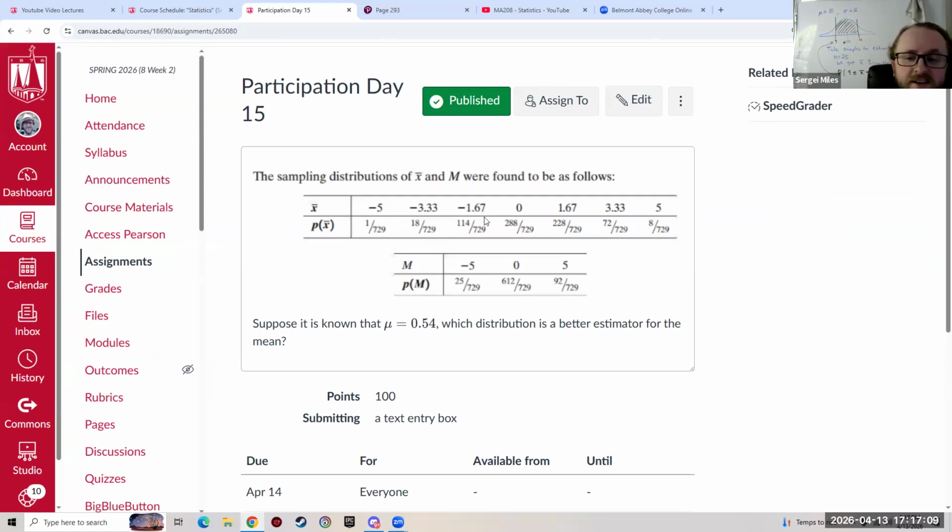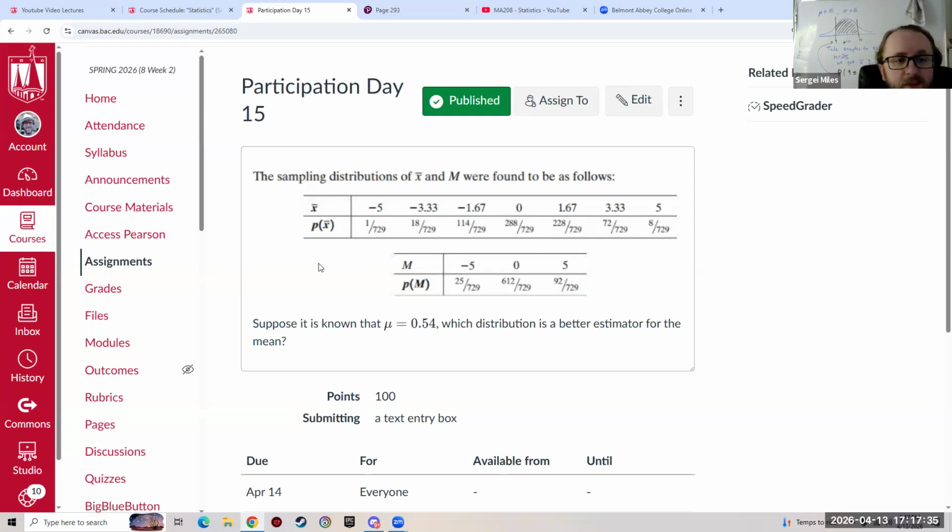These are different X bars, which have their own different probabilities, right? So if this is like a bell curve shape, then I've got these higher probabilities, this higher frequency around 0 and 1.67. And then as I go to the left, as I go to the right, that frequency starts to come down and starts to be less common. It has a lower probability, okay?